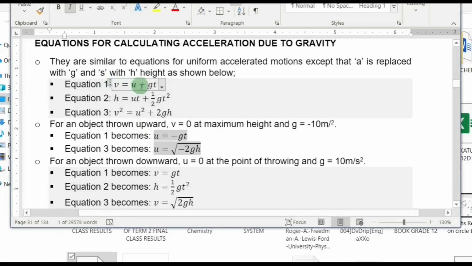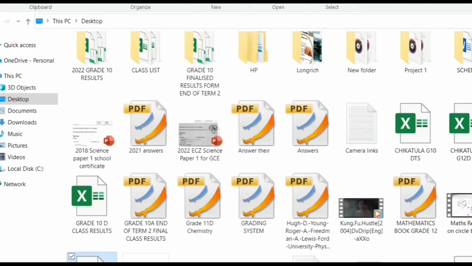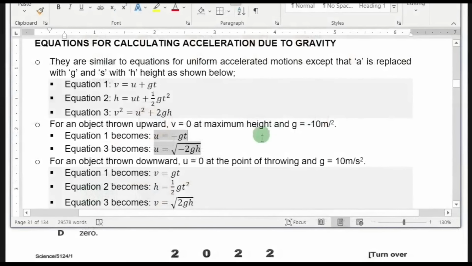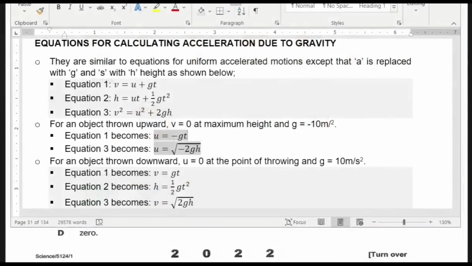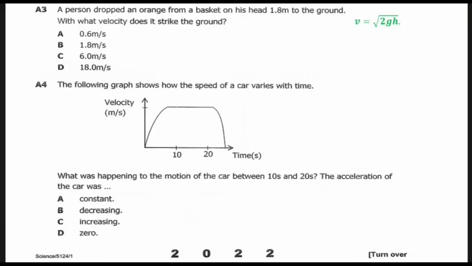So this formula becomes this one, then this formula becomes this one, then this formula becomes this one, which is the one actually that I used in answering that question. Actually, this is my book that I use, written by myself. All right, so let's go back to that.